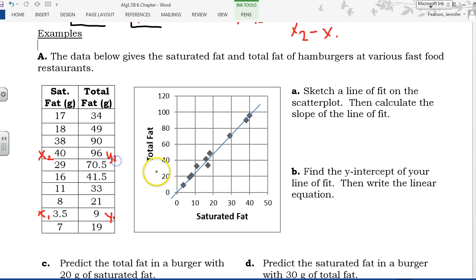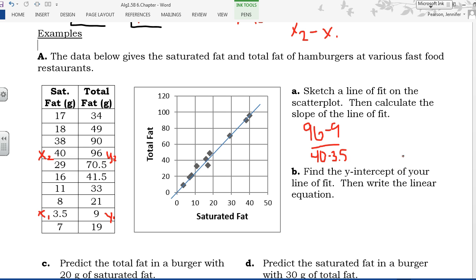So I could do my slope, rise over run. I can use these coordinates in the formula. I'm going to go 96 as y2 minus 9 as y1, and on the denominator 40 as x2 and 3.5 as x1.